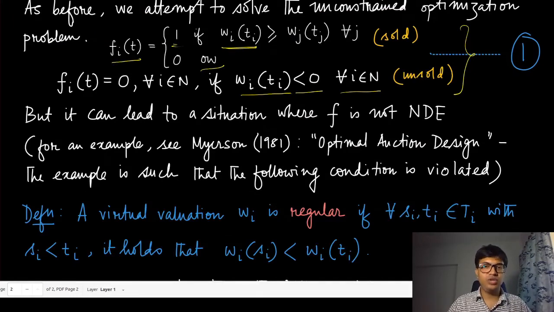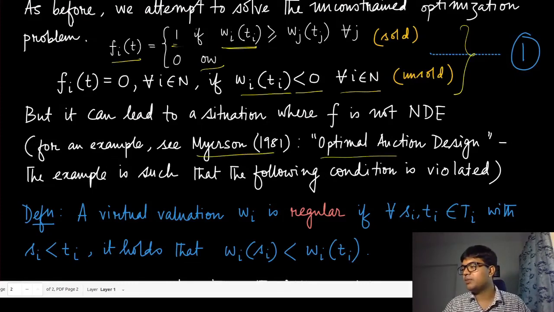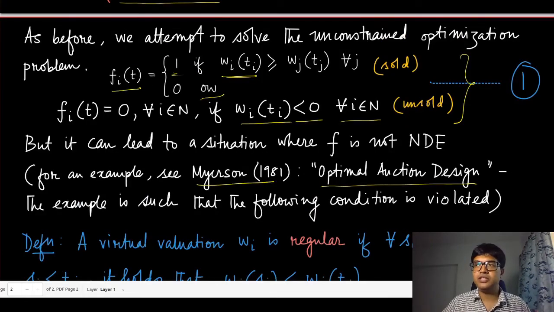And if you want to take a look at what is the example, you can take a look at the original paper by Myerson, the optimal auction design paper. Essentially, the example is such that the following condition is violated. Remember that even in the single agent case, we assumed some regularity conditions on these WIs.